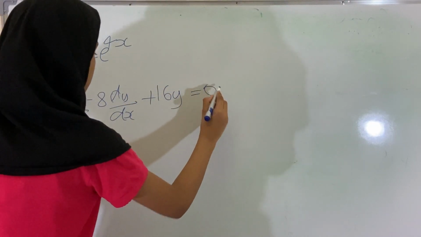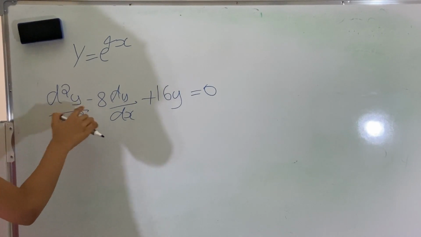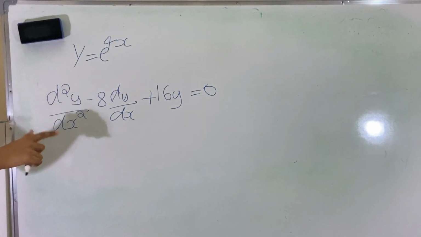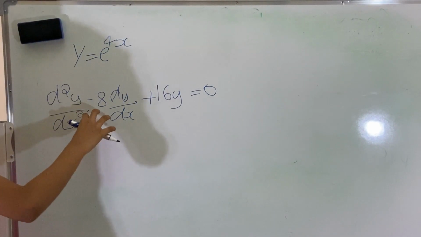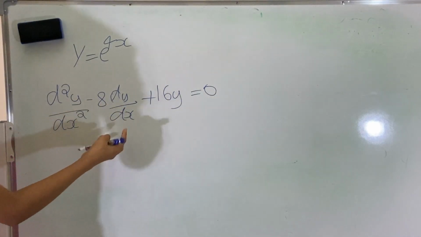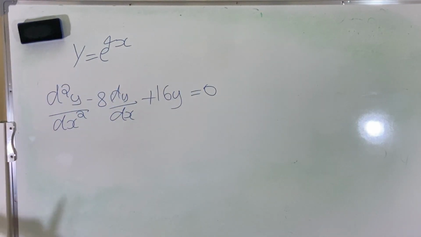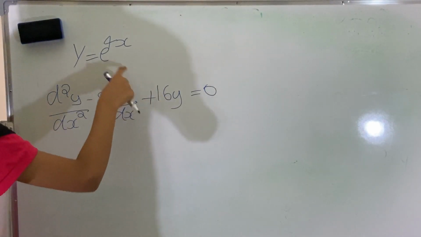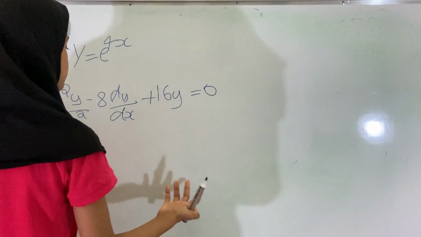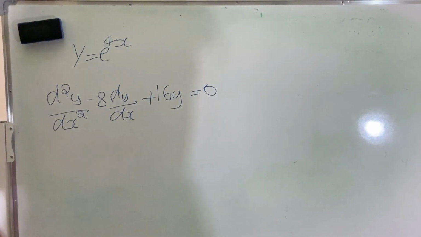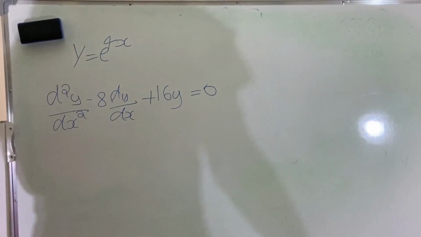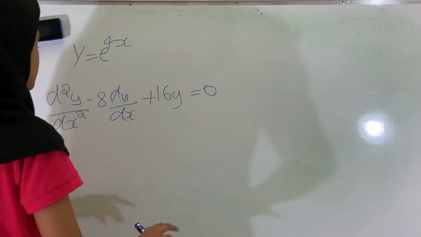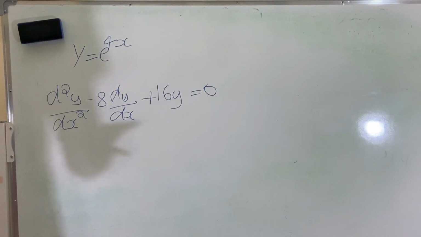Then find d square y by dx square, then subtract them, multiplying by 8 and all, and finally add 16y. 16y means 16 e raised to 4x. If we get the answer as 0, that means this equation is correct. But if we don't get 0, that means this equation is wrong.